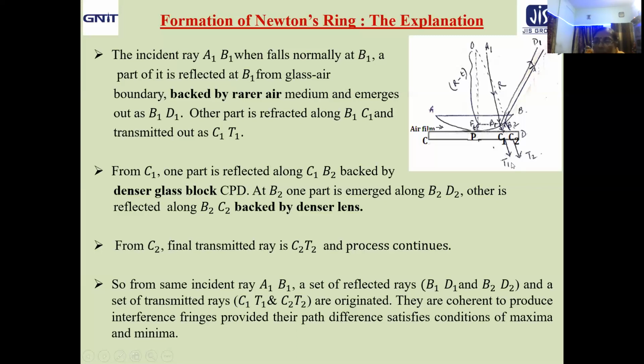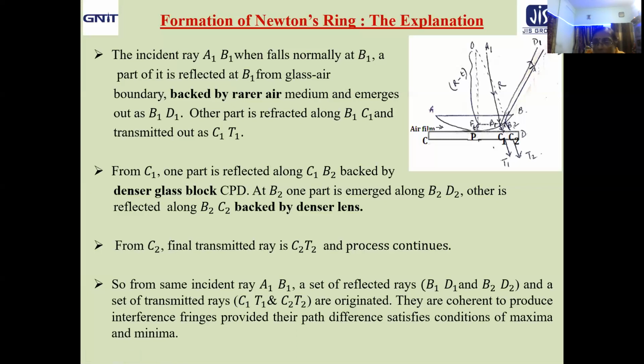Now, to have an idea about the path difference and the conditions, we have to take care of two things. First, compared to B1 D1, B2 D2 has traversed an extra optical path of value B1 C1 plus C1 B2 inside the air film. Similarly, compared to C1 T1, C2 T2 has traversed an extra optical path of value C1 B2 plus B2 C2.